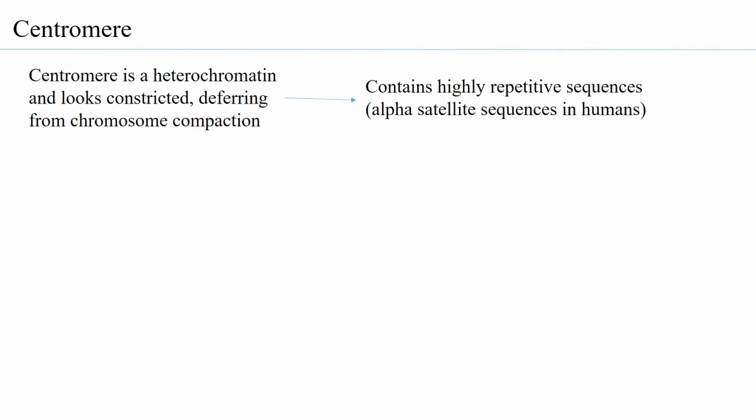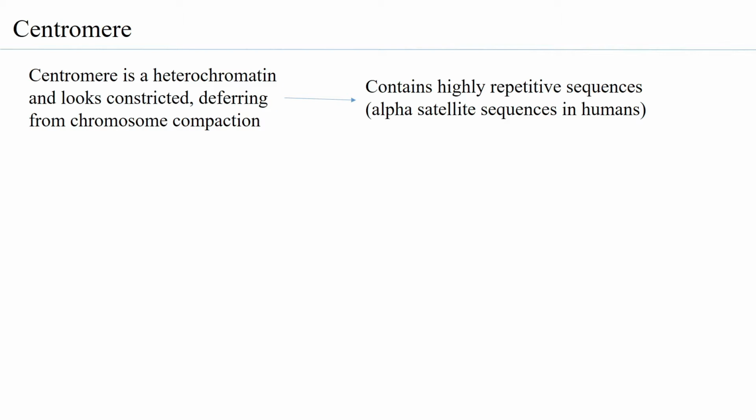Now, what has been observed after studies with various model organisms, especially yeast, is that the centromere can contain highly repetitive sequences. Although in yeast it is not a repetitive sequence, in Drosophila, humans, and other mammalian systems, the centromeric DNA contains highly repetitive sequences.